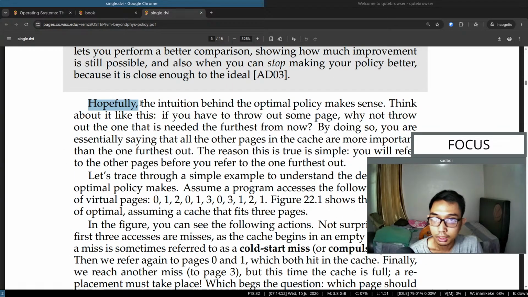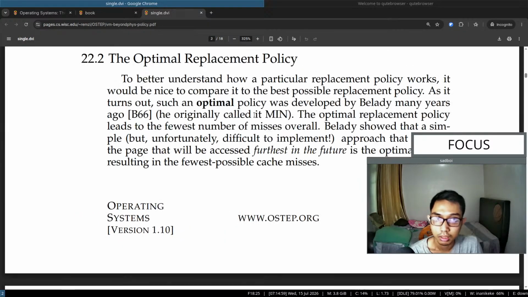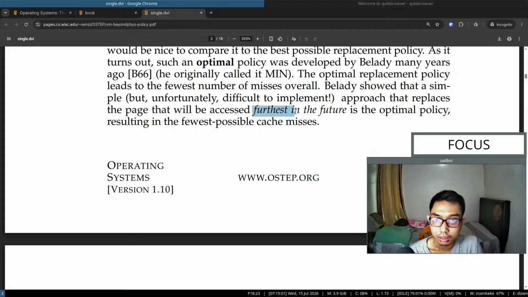Hopefully, the intuition behind the optimal policy makes sense. Replace the page that will be accessed furthest in the future. What is the furthest in the future?